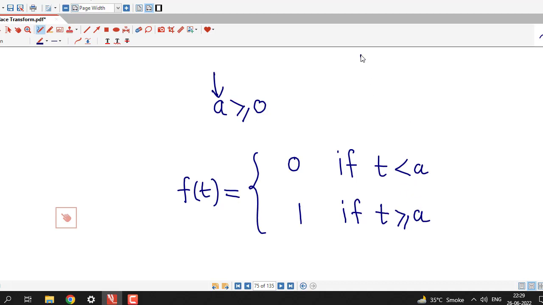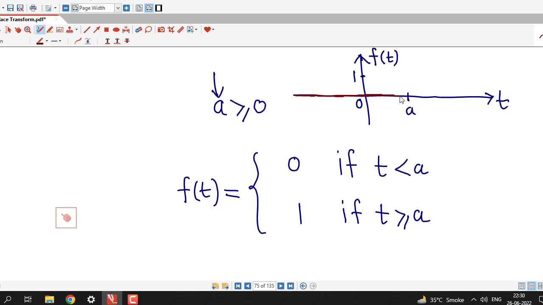So if we understand graphically, then suppose I consider values of t on x-axis and values of f of t on y-axis, and a is a non-negative real number. So suppose a is somewhere here and this is 0, and suppose this much distance is 1, then if t is less than a, value of function f is 0.